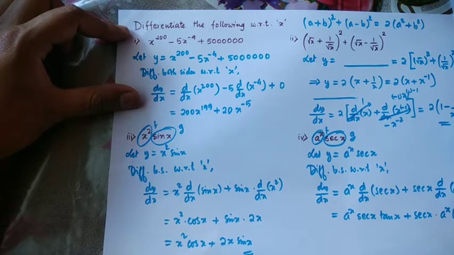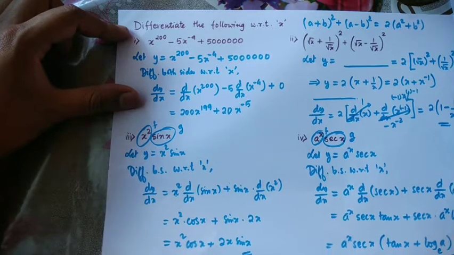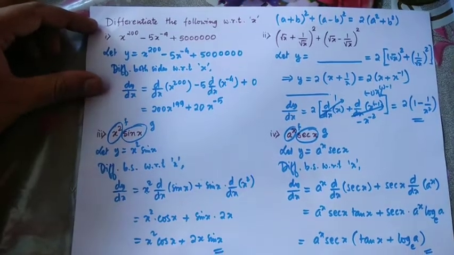So this is the formula. So let me keep a to the power x and sec x as common. Then I can write this as a to the power x sec x. So we have tan x, and from here we have log a to the base e. So this is the answer. So pause the video to note down.